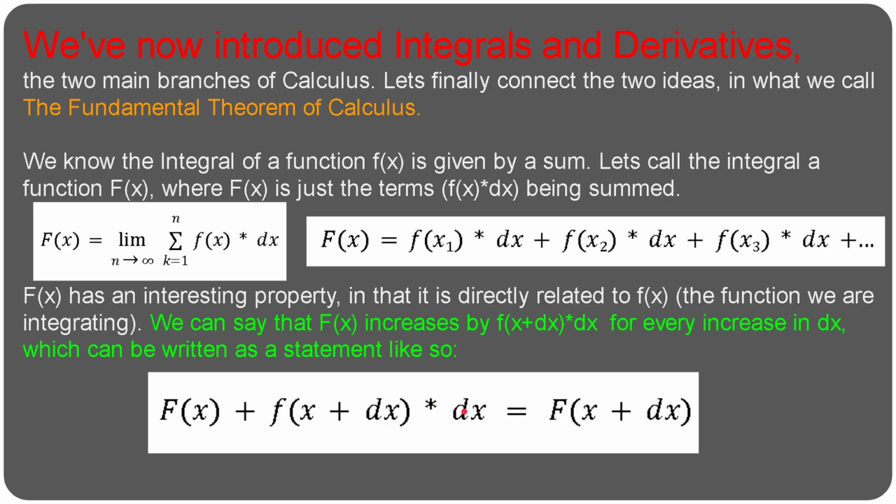Once again, for every increase in dx, capital F of x increases by lowercase f of x plus dx times dx, if that makes sense. I think it's easier to look at what it's written like instead of me saying it. This is what you're saying right here.